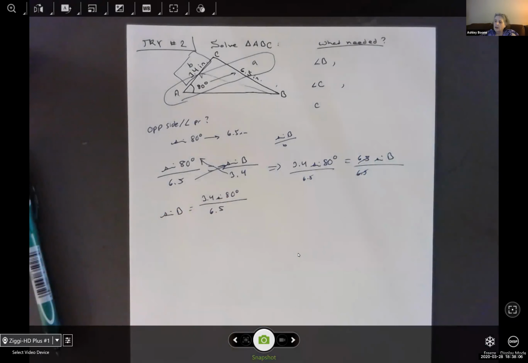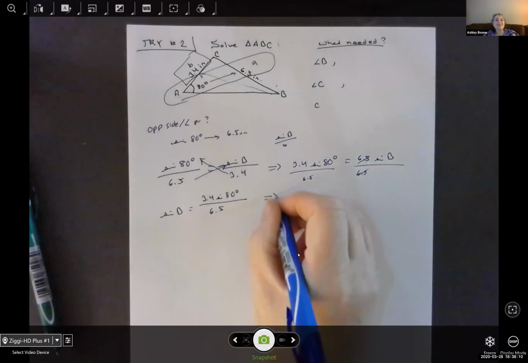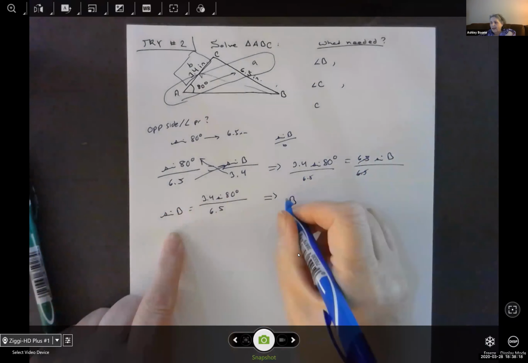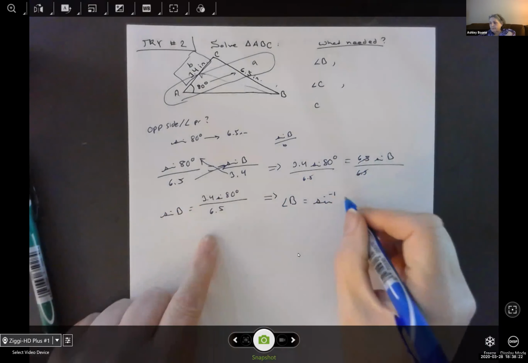Okay. And remember, when you're solving for an angle, you use inverse trig functions. Since we have sine of B equals, that means angle B is going to be equal to the inverse sine of this fraction.